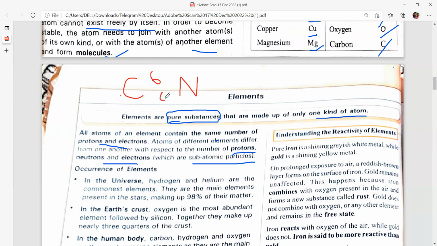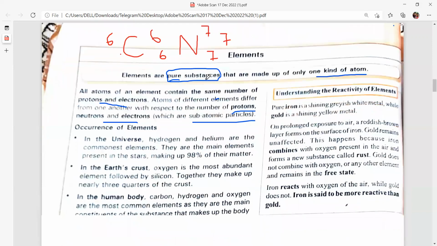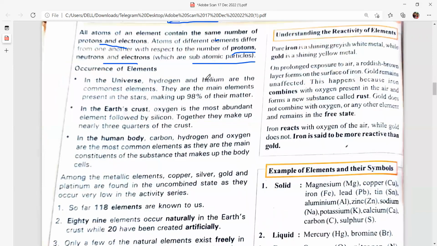How many protons? 6 protons. How many neutrons? 6. In nitrogen, there are not 6 electrons, 6 protons, 6 neutrons. There are 7 protons, 7 electrons, and 7 neutrons. So one element's number of protons, electrons, and neutrons differs from another element. Sodium and magnesium: sodium has 11 protons, 11 electrons. Magnesium has 12 protons, 12 electrons. So they are different.